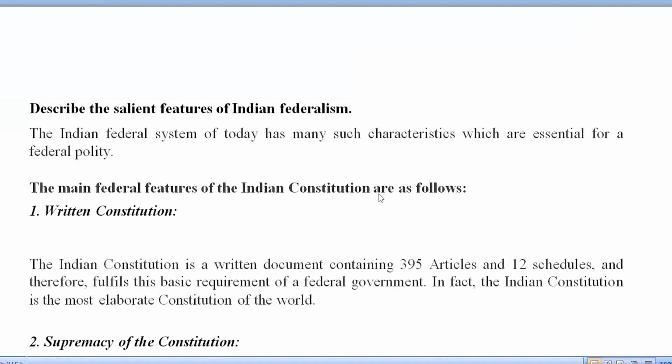Taking that as a benchmark, I have prepared an answer for this question to cover 620 words, so that the students may time and again go through this and try to memorize at least 500 to 550 words, so that they can comfortably answer and get the maximum marks.